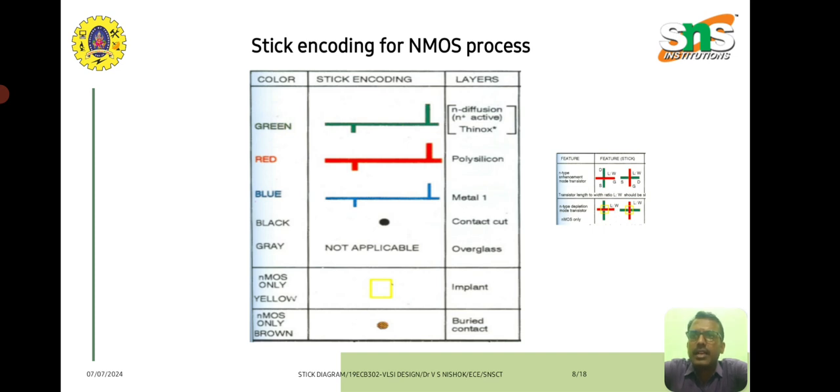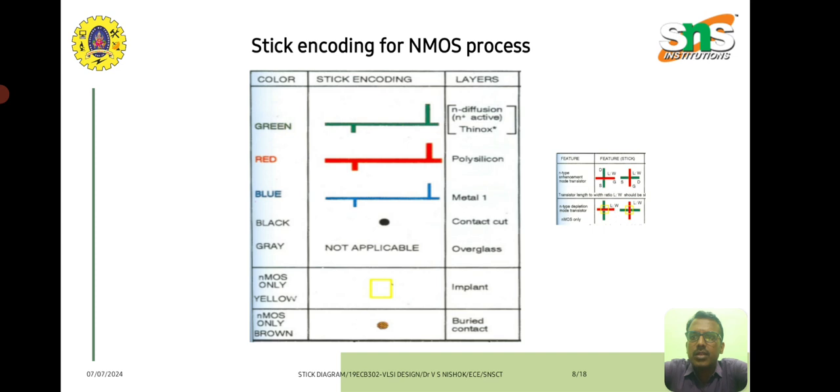Here we have the stick encoding for the NMOS process, representing the important terms used in stick diagrams, especially for NMOS logic. Green represents N diffusion, red represents polysilicon, blue represents metal, and the black dot represents a contact cut. Below that, the yellow square box represents the implant, which represents a depletion mode NMOS transistor.